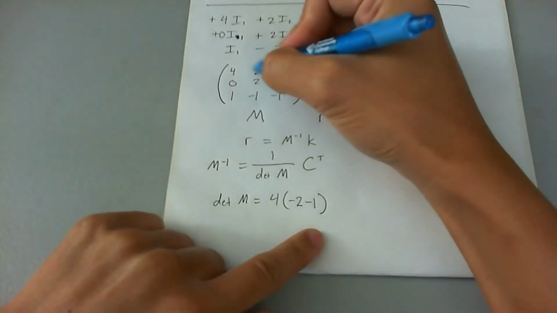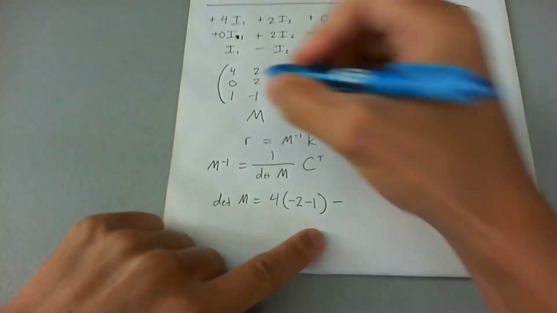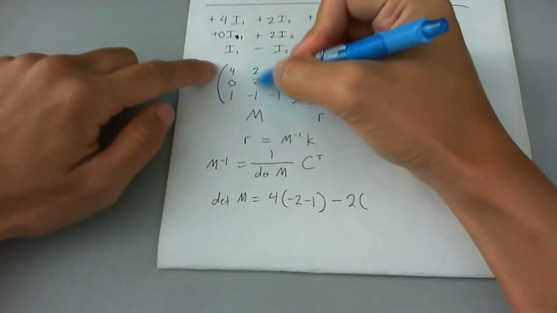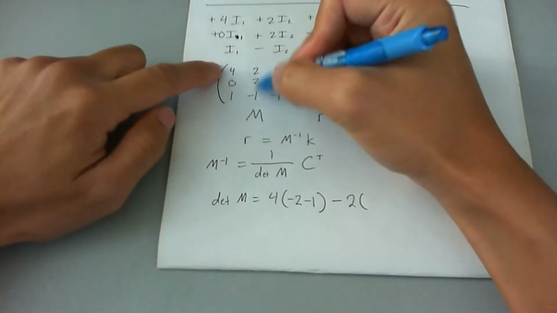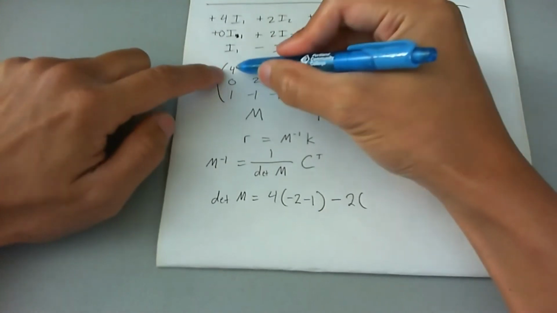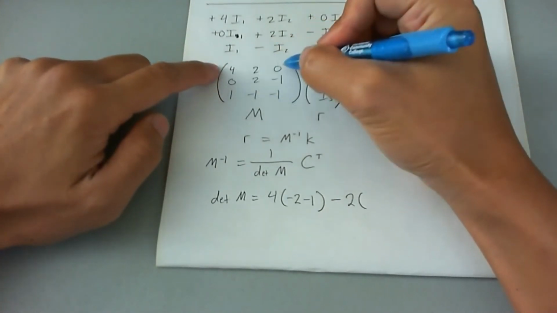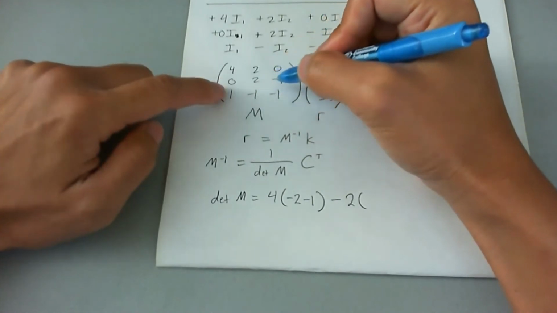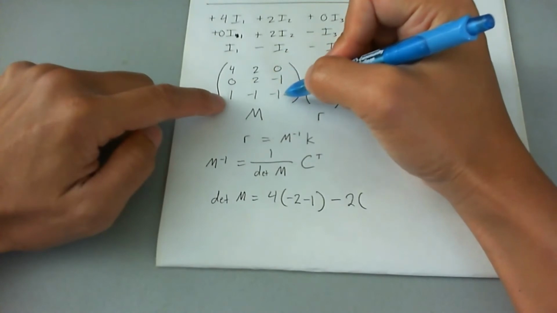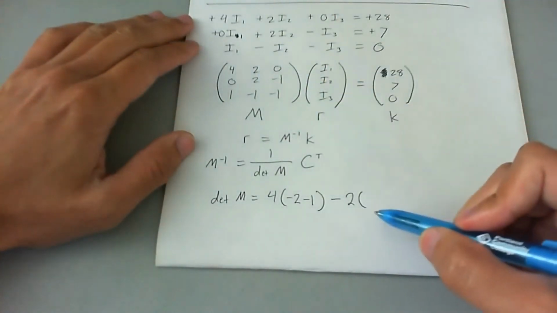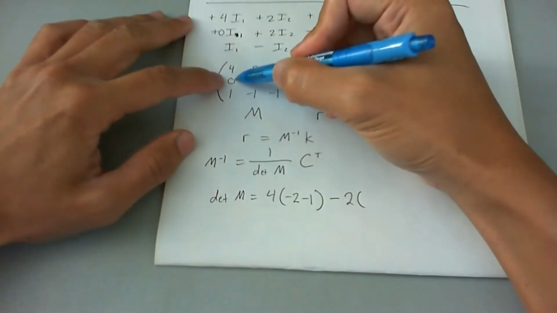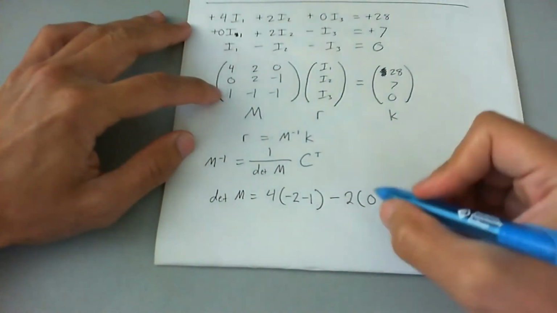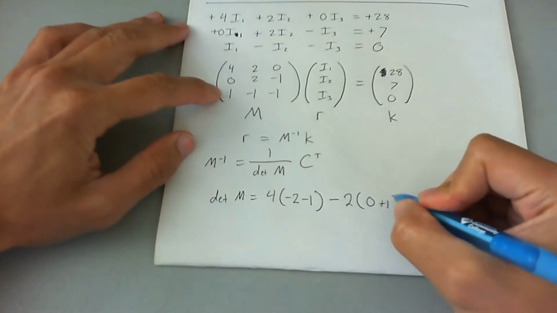Now, for the second element, there's a minus. So it's going to be -2 times the cofactor of that element, which means you take the same operation, but with all elements that are not within the same row or column of this element. So that's the 0, -1, 1, -1. The part that goes in the parentheses is 0 times -1 minus -1 times 1, which happens to be +1.